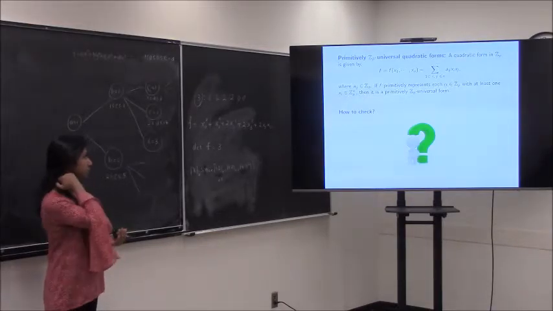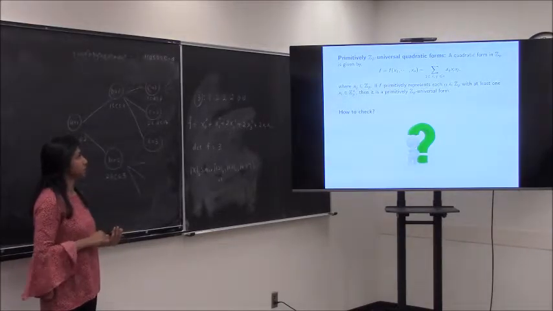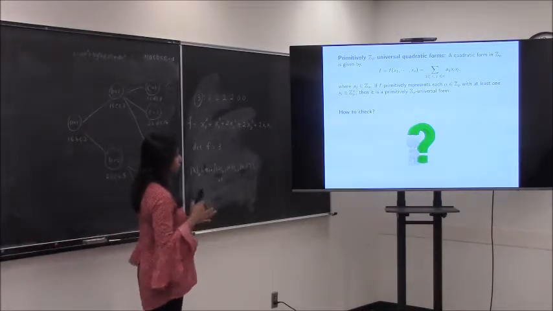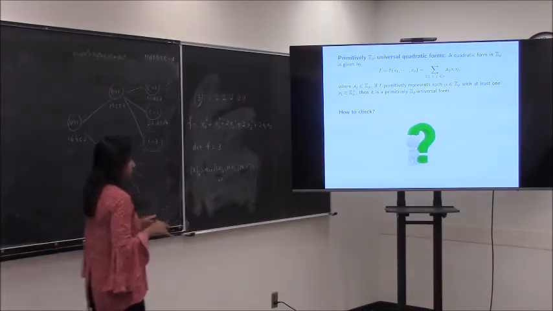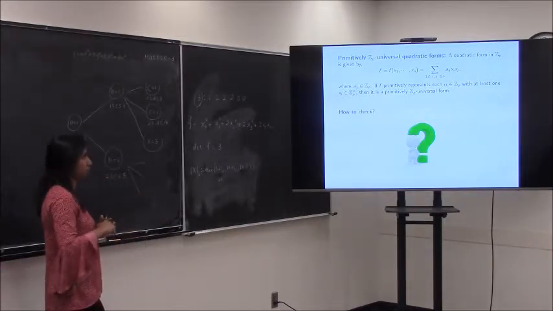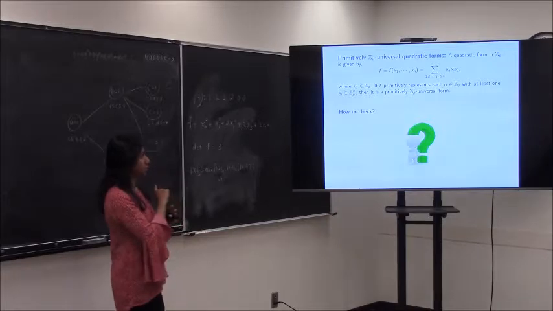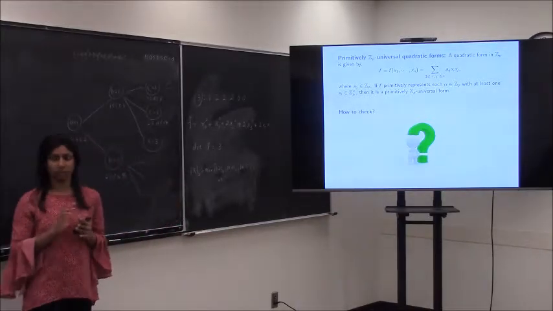So let me introduce what is called a primitively Z_p universal quadratic form. A quadratic form over Z_p is given as a summation of a_ij x_i x_j, where i and j are between 1 and n, the same way.